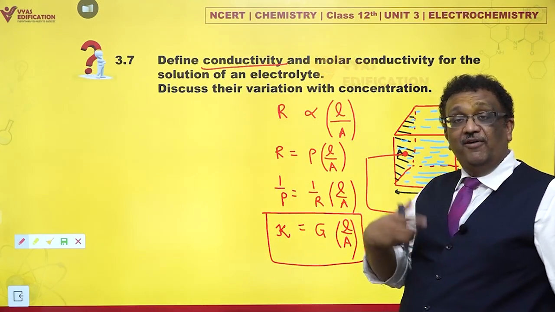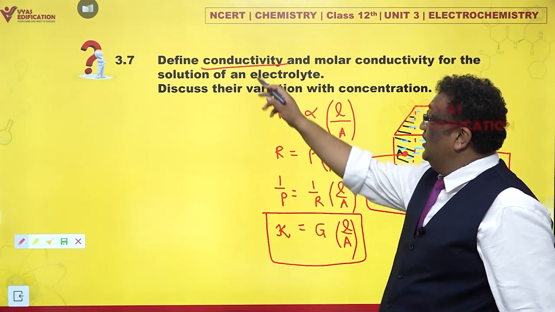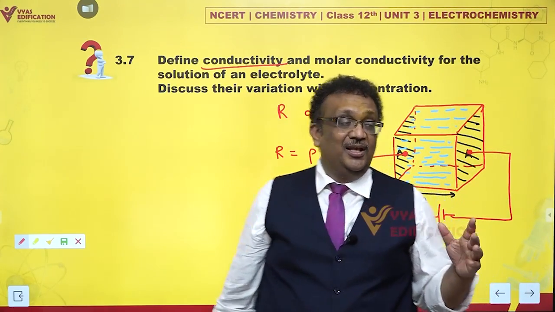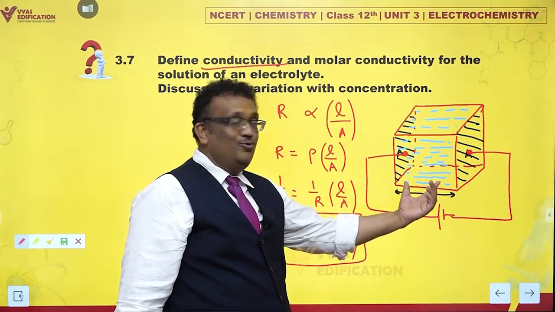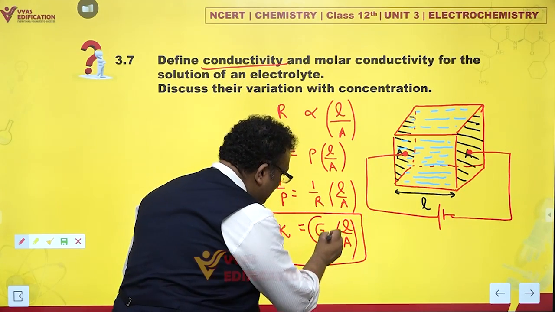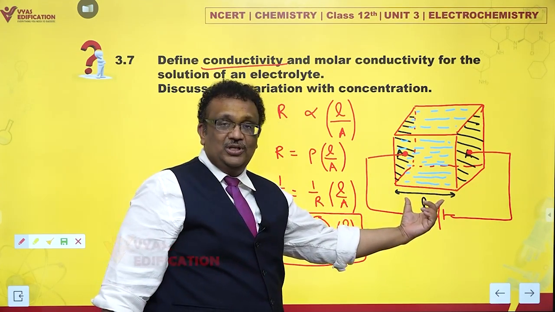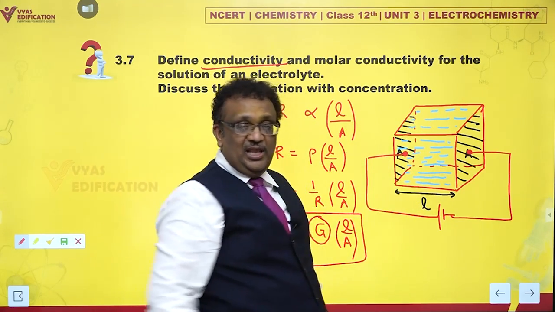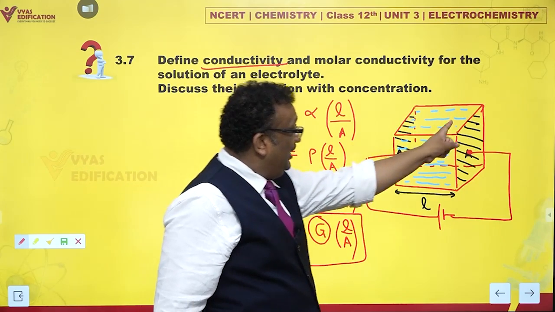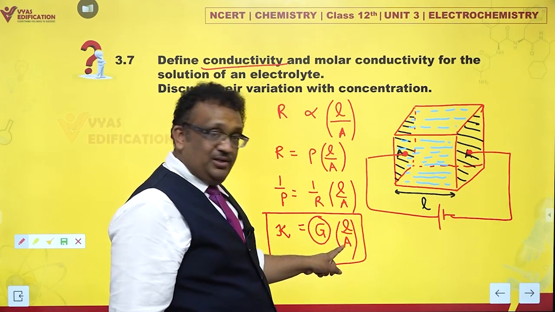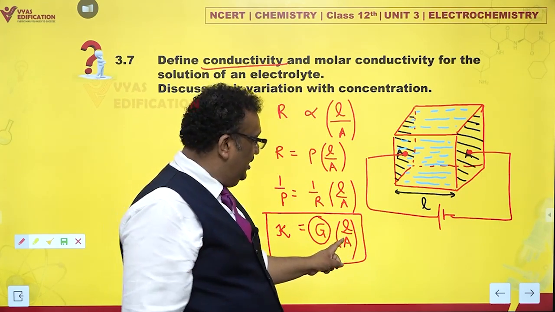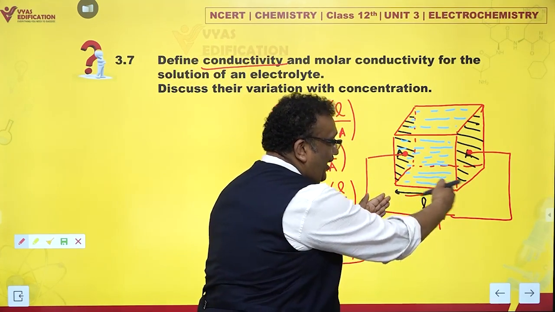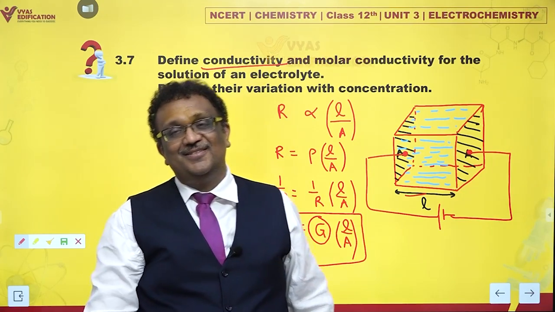How do we define this in words? We say conductivity of a solution is defined as the conductance of a solution placed in a conductometric cell having unit area of cross section, where unit means 1, separated by a unit distance.